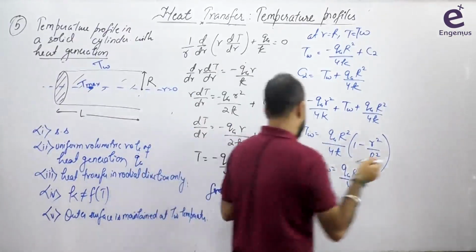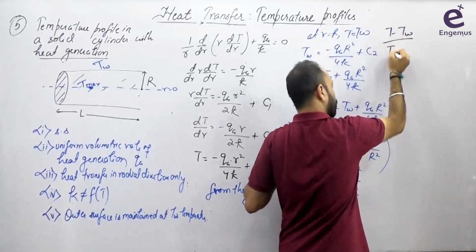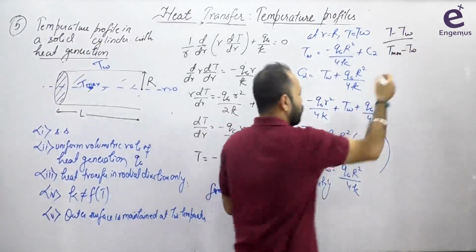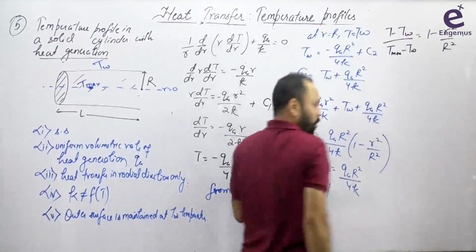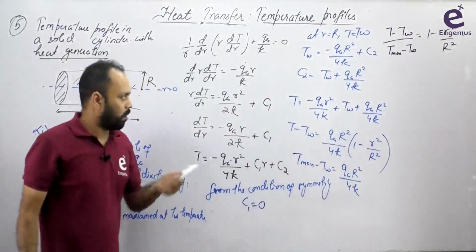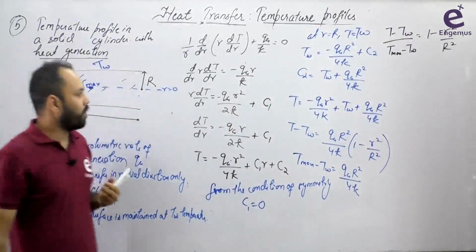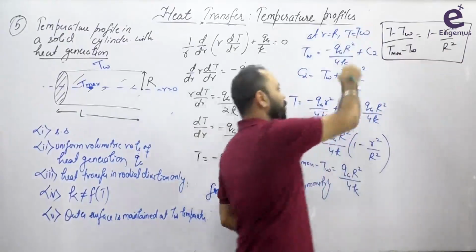You can see here, T minus TW by T max minus TW, ये कैंसिल हो जाएगा, is equal to, ये तो exactly same equation आ गई जो पहले आई थी, 1 minus x square by L square. Instead of L यहाँ पे R है ना, because it is the direction of heat transfer.